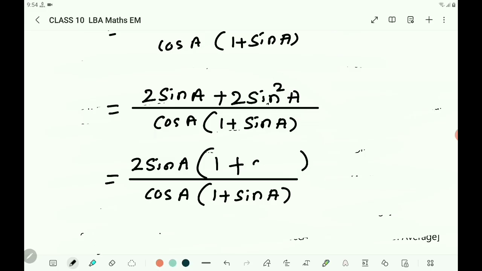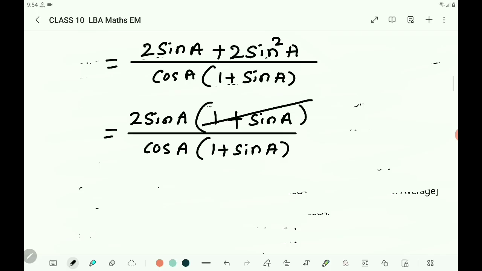What is remaining? Sin A is remaining. So 2 sin A into 1 is 2 sin A. 2 sin A into sin A is 2 sin square A. Now you can cancel 1 plus sin A, 1 plus sin A as they are in the numerator and denominator. Then it becomes 2 into sin A by cos A, which is tan A.